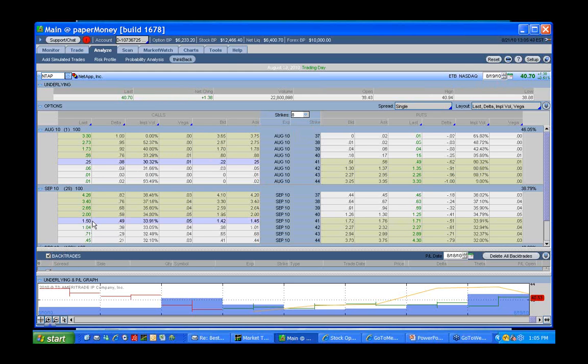But remember, we paid 60 cents for this, so we would have more than doubled our money here and doubled our money here. We're playing both sides of the earnings report, all based on this implied volatility. And you see the day after how this is called volatility crush. If you've ever heard anyone talk about volatility crush, this is exactly what it looks like.